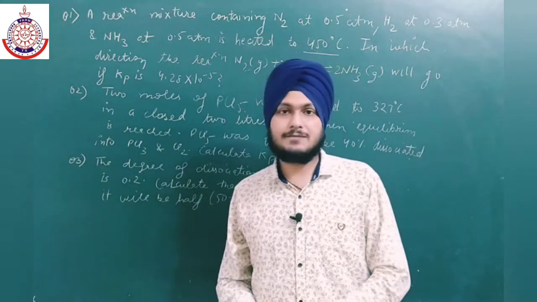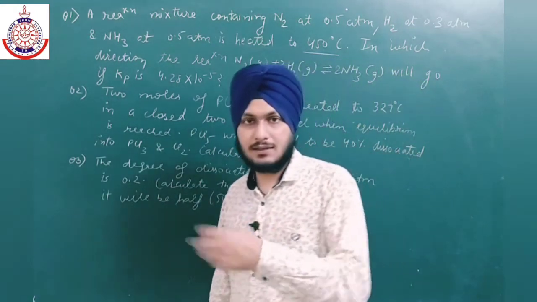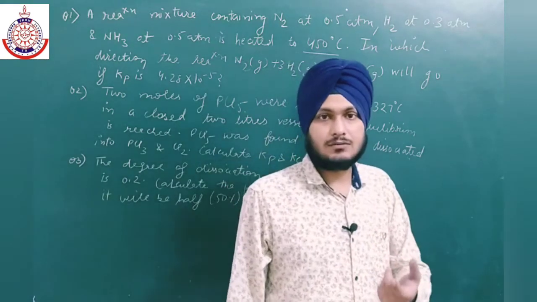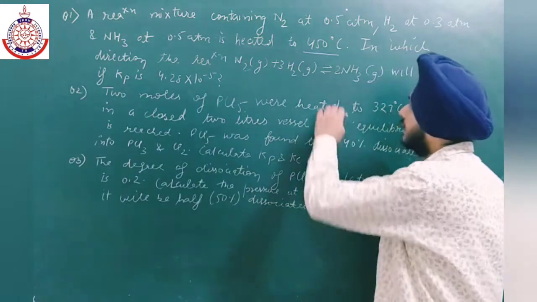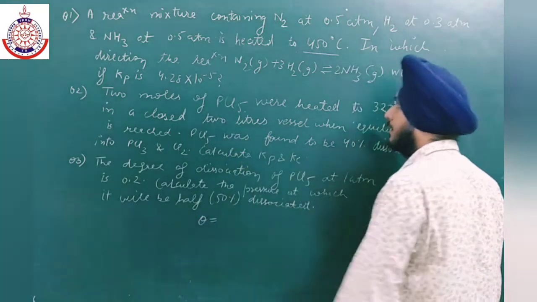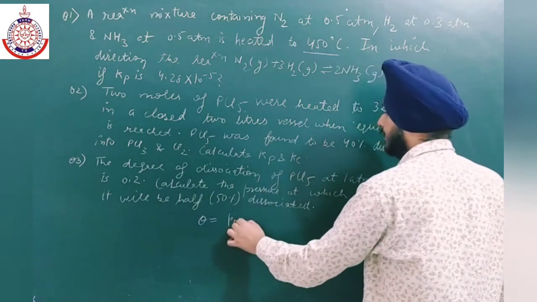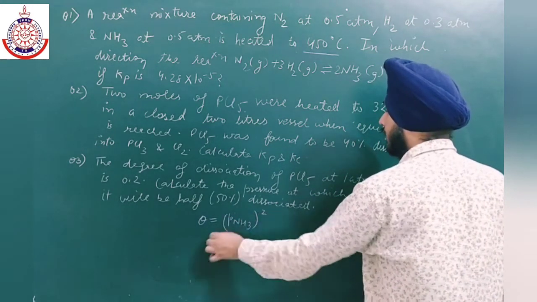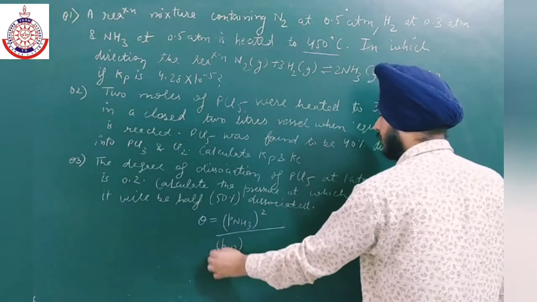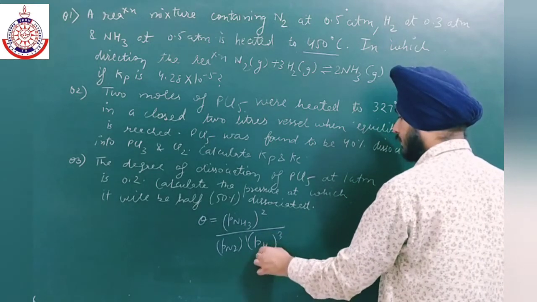In order to check the direction of any reaction, firstly we have to calculate the Q value, the reaction quotient. The reaction is this one, and Q will be the pressure of NH3 squared divided by the pressure of N2 to the power 1 into the pressure of H2 to the power 3.